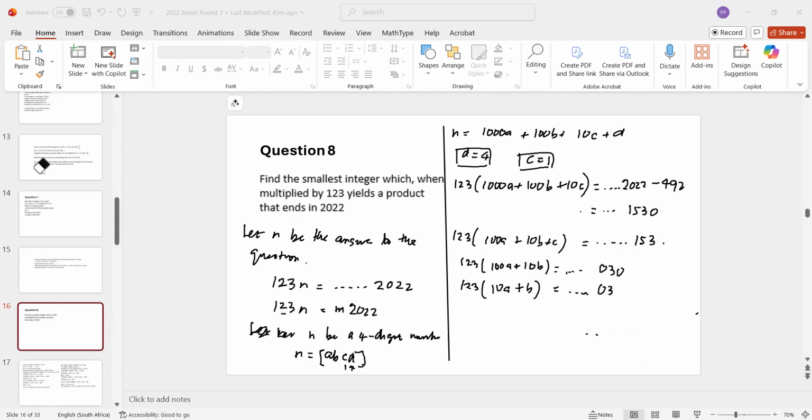Now, again, you have 123 times this single digit ends in 3. So the single digit has to be 1. And I'll do the same thing again. 123 times 10A. And I'm going to subtract 1, 2, 3. Because B is equal to 1.